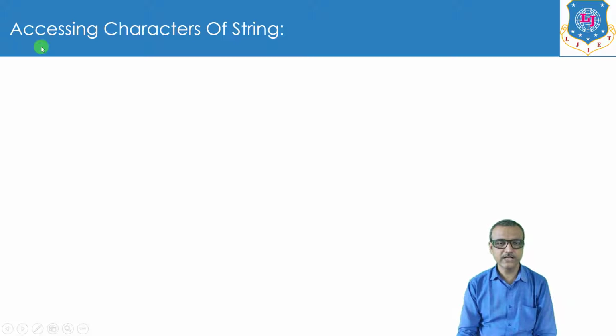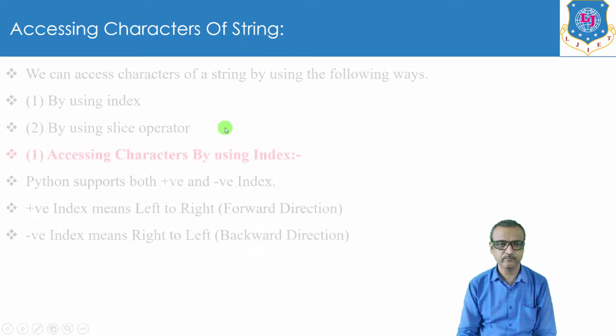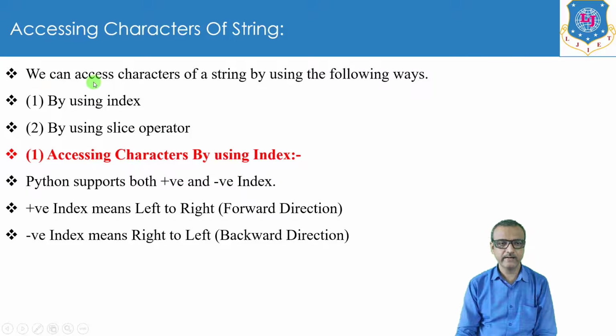Now we will see how to access the characters of a string, that is, accessing characters of string. We can access characters of a string in the following ways. First one is by using index. The second one is by using slice operator.